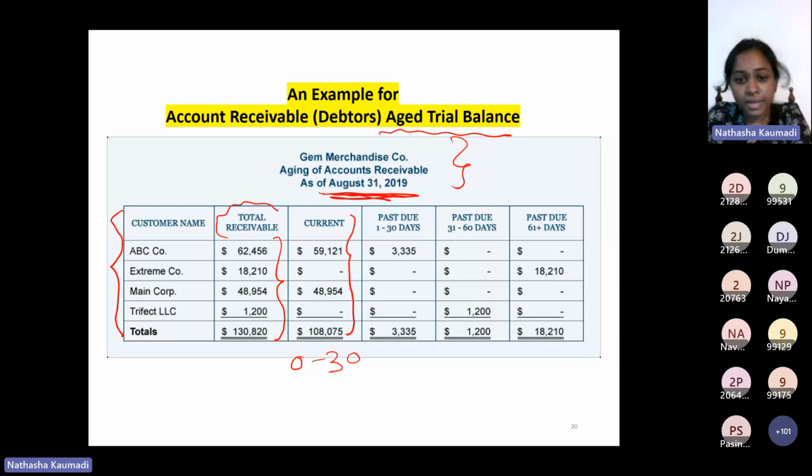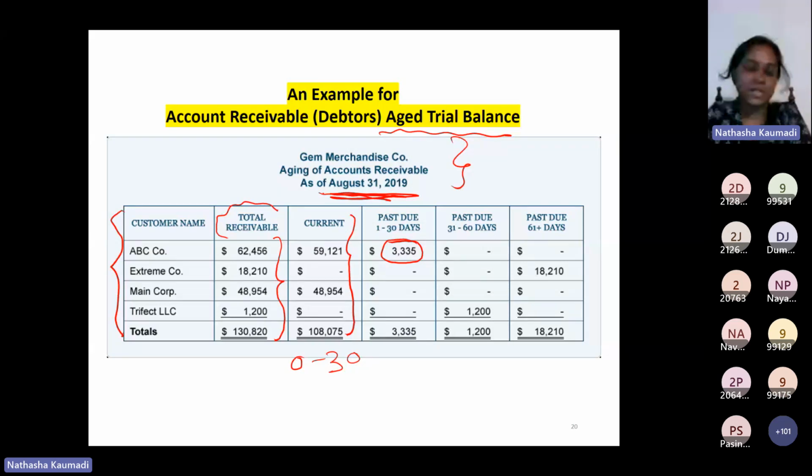The next basket shows past due 1 to 30 days. After that you have a $3,000 balance. Now this is old. For 31 to 60 days, there are no balances. For 61 plus days, there are no balances. Now what has happened? This balance is somewhat okay, but this balance they have not paid yet. This is old now. This is called aging analysis.